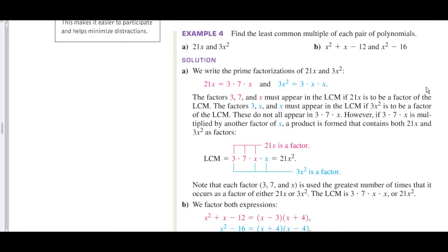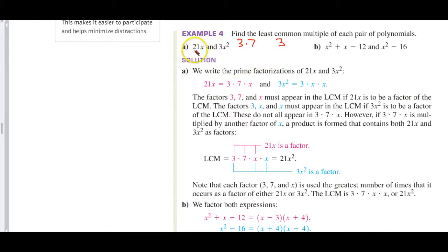So example 4. Find the least common multiple of each pair of polynomials. Well, for our number, just doing this mentally a little bit, 3 times 7 and a 3.